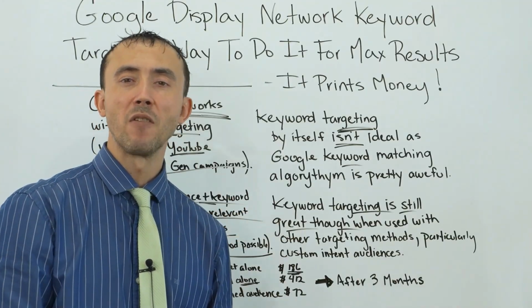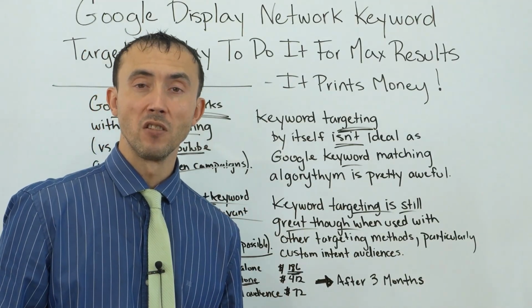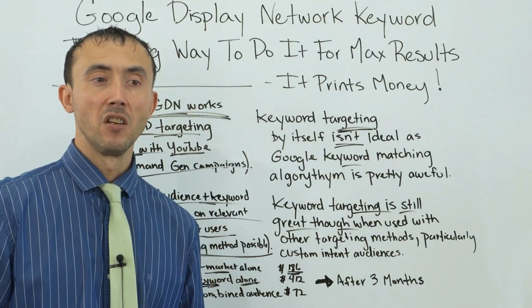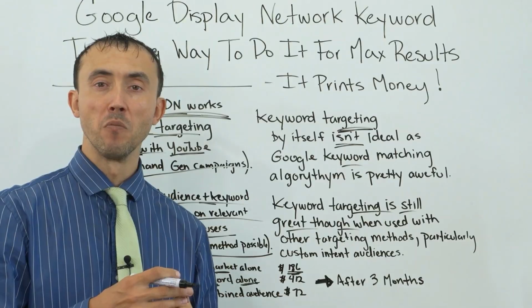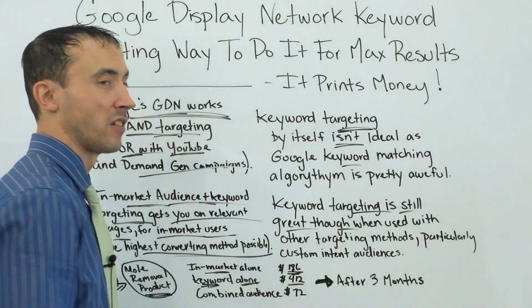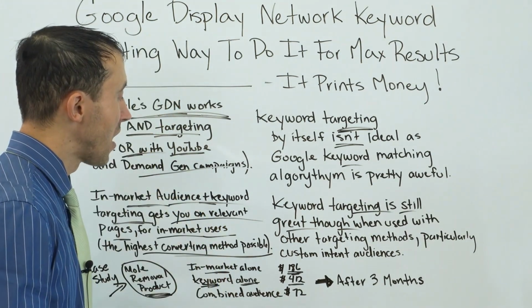The ad was showing up on a lot of irrelevant web pages, potentially pages where if the word mole was on it somewhere, it showed up there, which is not what you want, obviously. You want a page about actual legitimate mole removal options. So our cost per acquisition went up to $412 there, which is way, way higher than what we needed, obviously. But we did not give up there.